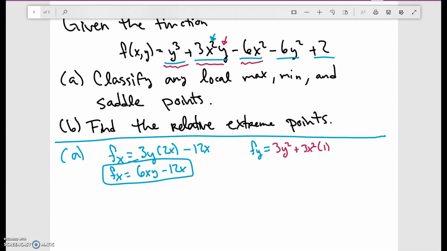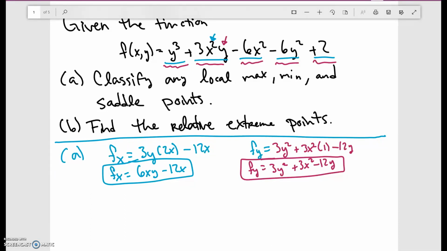This one is just going to go away since there's no y. This one's going to be a negative 12y. And then this is just going to go away. Okay, so my first derivative with respect to y is going to be 3y squared plus 3x squared minus 12y. So here is my first derivative with respect to y.